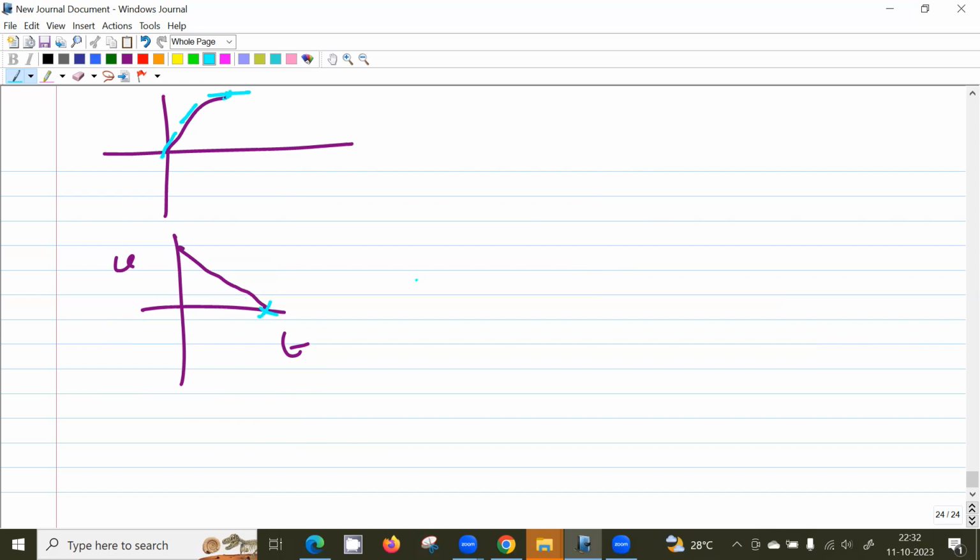When the v versus t curve is a straight line, the xt curve will be a parabola. Straight line means v equals some number times t, right? And v is dx by dt.